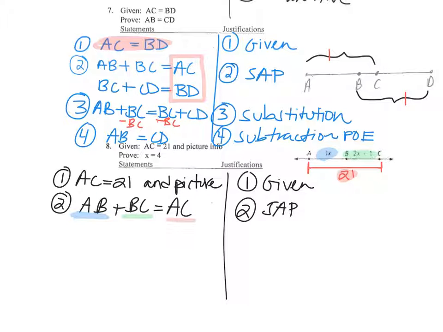So you're going to take that and put it here. You're going to replace all three things with what's in your diagram and what was in your givens. And then you just have to solve. So it's now 3x plus 2x plus 1 equals 21.